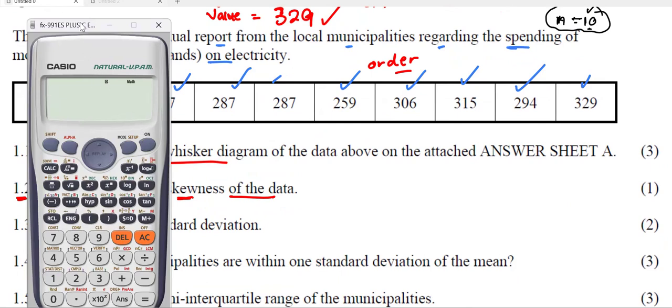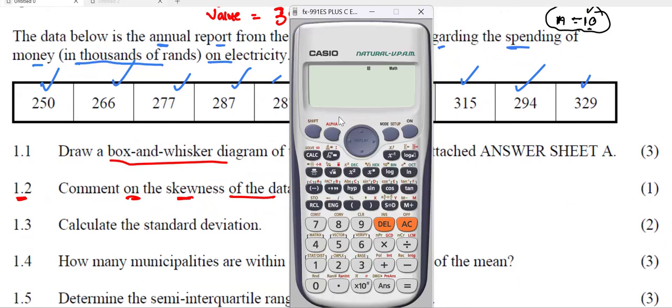So let us put these values into the calculator. Remember, we first need MODE, then STAT, which is number 3, then number 1. Let's insert our values. 250 equals, 266 equals, 277 equals.